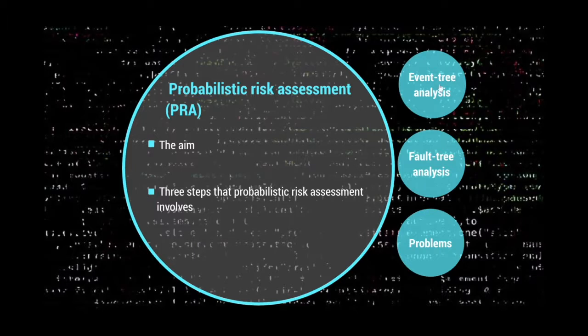PRA has become one of the standard methods used by engineers for determining the likelihood of an industrial accident or a technological disaster. This method makes use of technical procedures called fault tree analysis and event tree analysis.